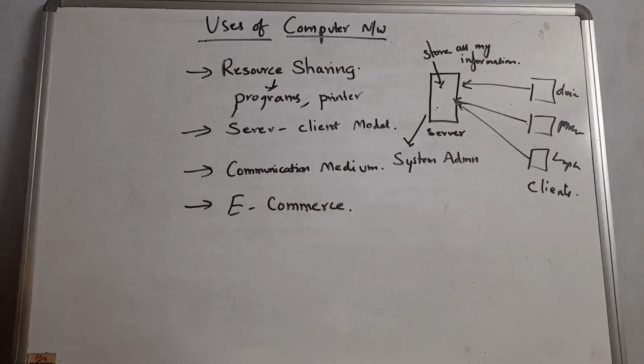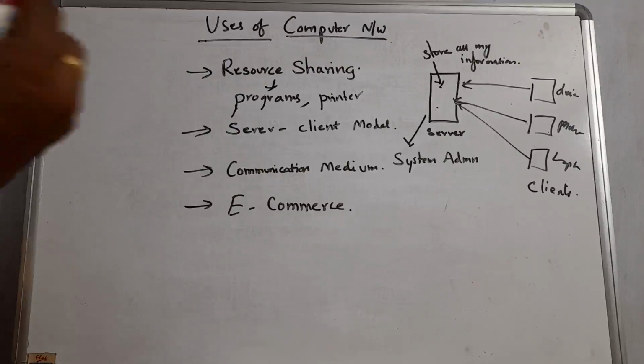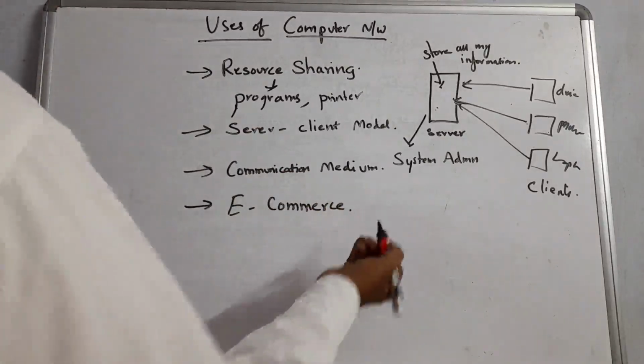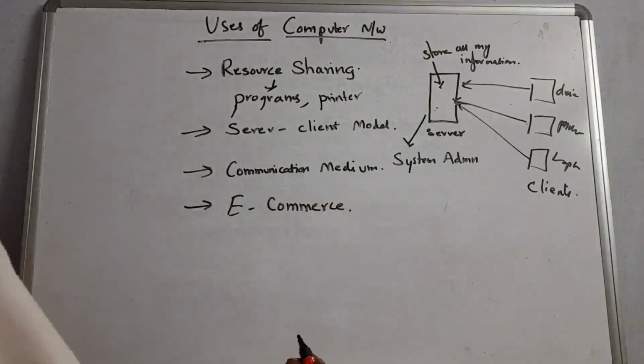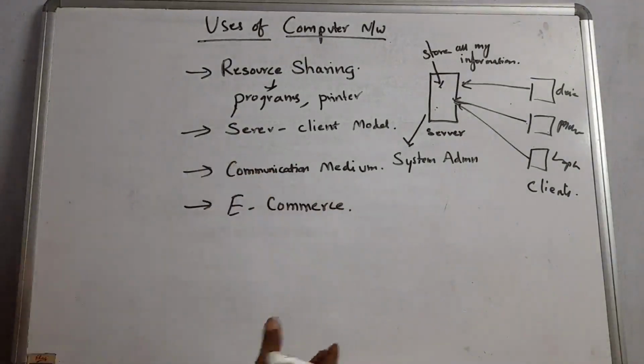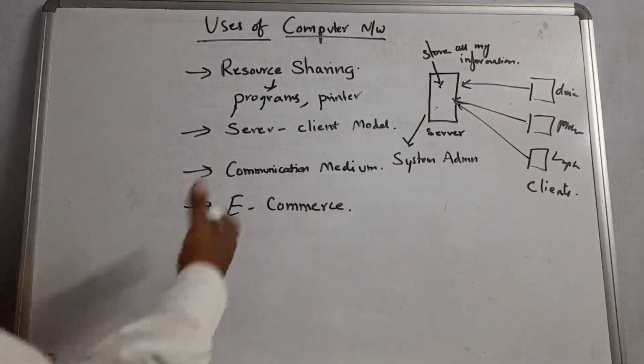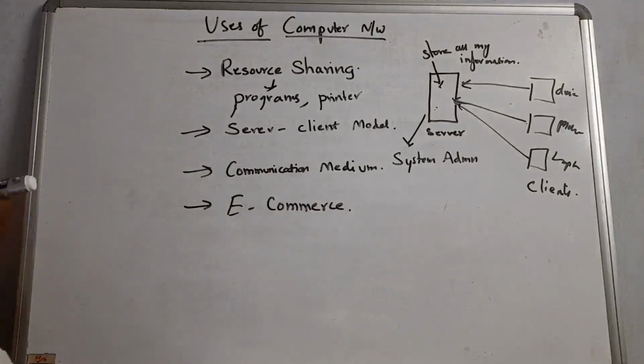Almost 95% of their business takes place over the internet. The internet consists of a set of computers with some topology used in it, and by using that we can share our information or do the business.